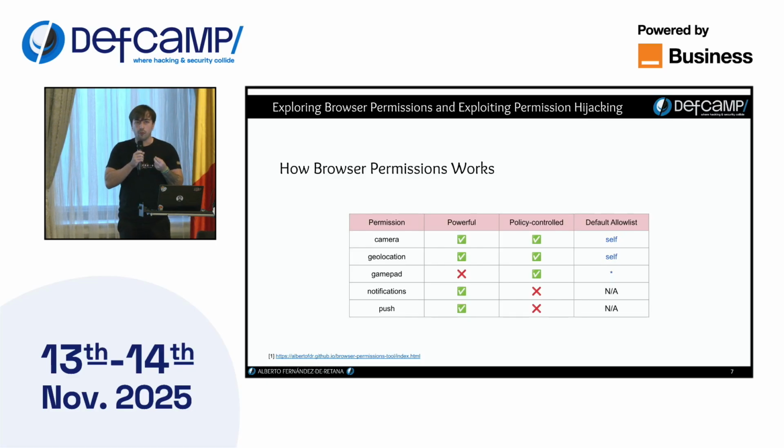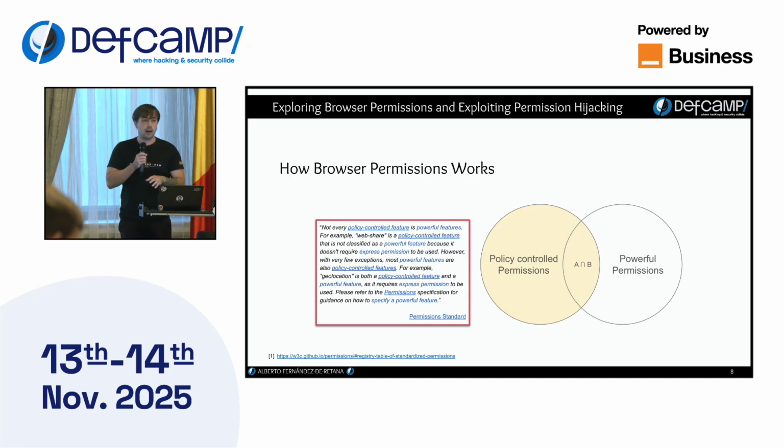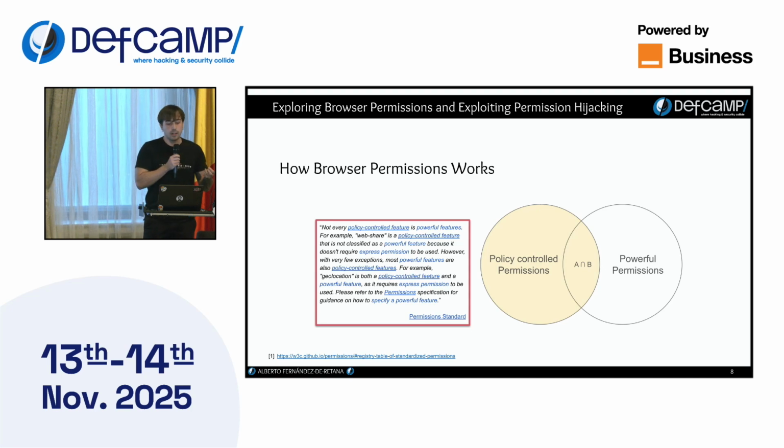Like for example, for self, the permission will only be allowed on the top level. Most of the permissions are policy control, but not all the powerful permissions are policy control. So as the spec says, not every policy control feature is a powerful feature, but there are also some of them that are both, like camera.